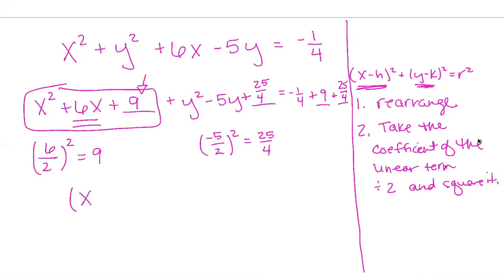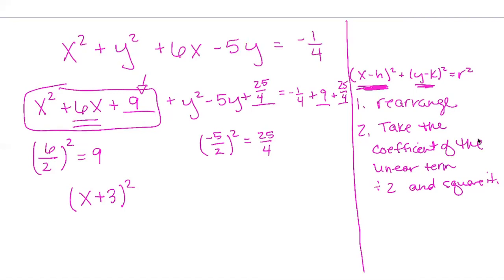Another way of writing that is x plus 3 squared. That's making it look like the standard form of the equation of a circle. That one is not too bad to factor: 2 numbers that multiply to 9 and add to 6, 3 and 3. But this next one's a little harder because it's fractions.